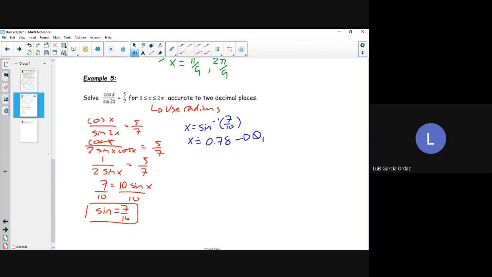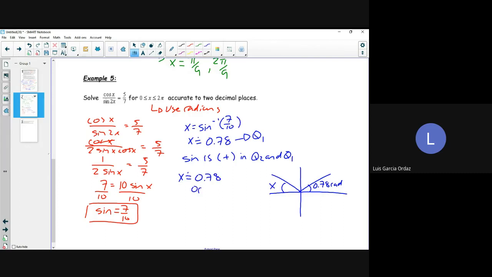And because sine is a positive ratio, sine is positive in which other quadrant? Okay, so we have a radian measure here of 0.78 radians, and we need to figure out this other measurement over here. So we have x is equal to 0.78, or x is approximately what else?